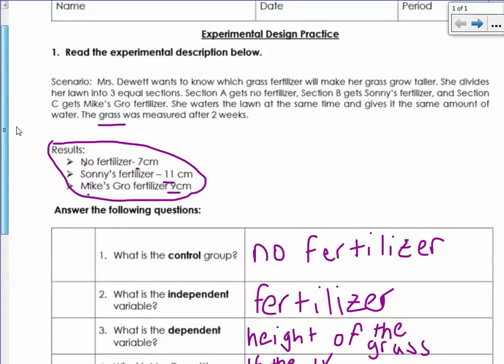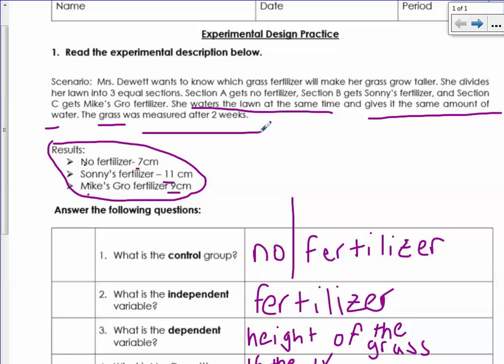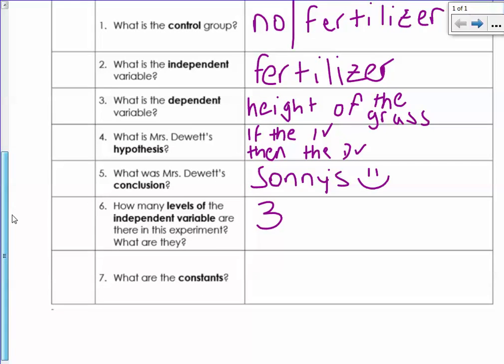So we didn't talk about this on the one before. So the constants are the things that stay the same throughout it. So if we go back up here, we're going to see that she waters the lawn at the same time, gives it the same amount of water, and it was measured after 2 weeks. So those are all things that stay the same.